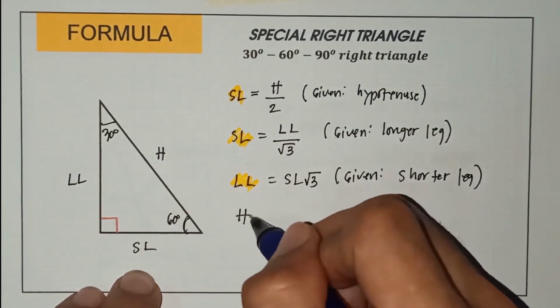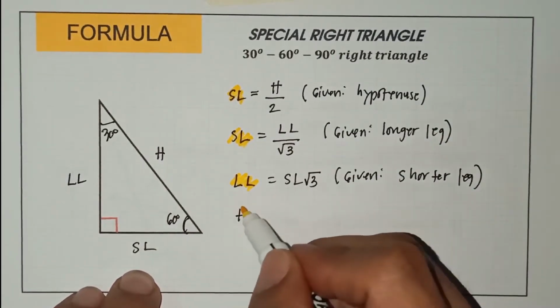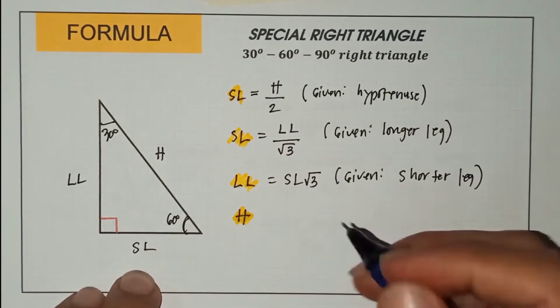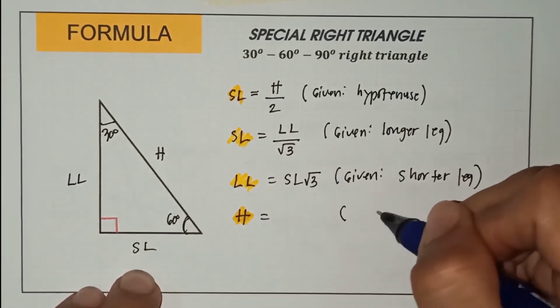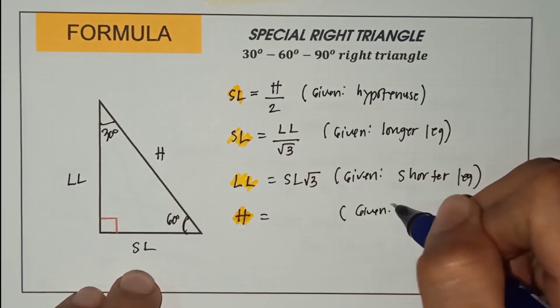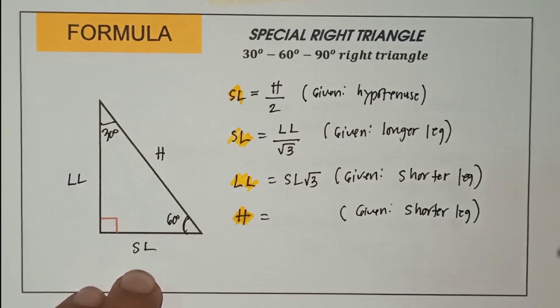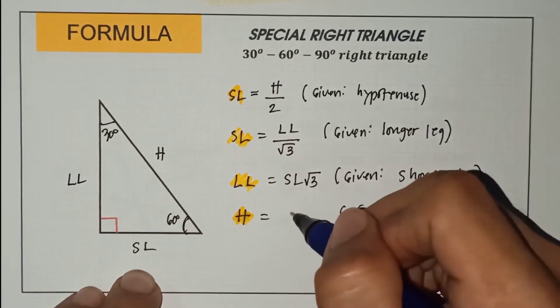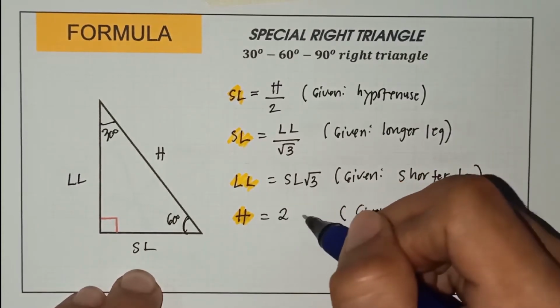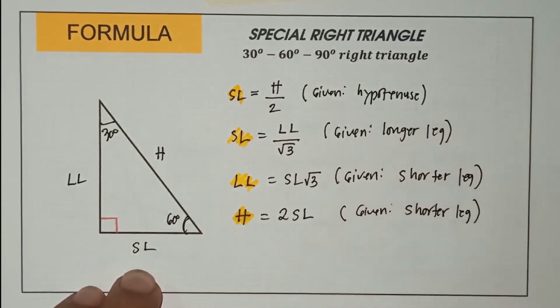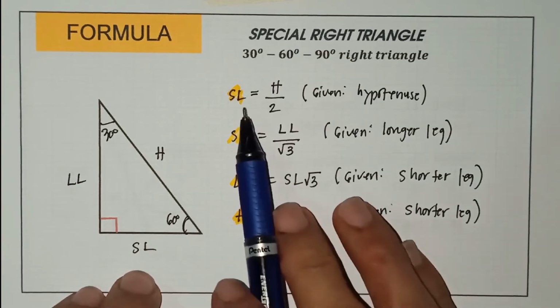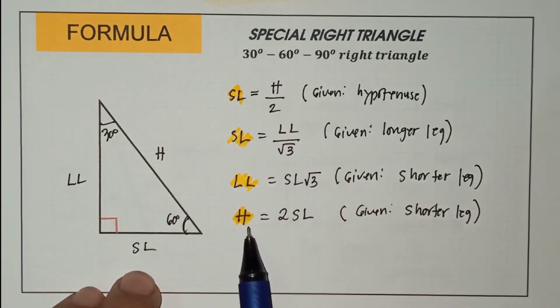And when the missing side is the hypotenuse and the given is the shorter leg, multiply the shorter leg by 2. These are the formulas that we can use to get the missing shorter leg, longer leg, and hypotenuse.